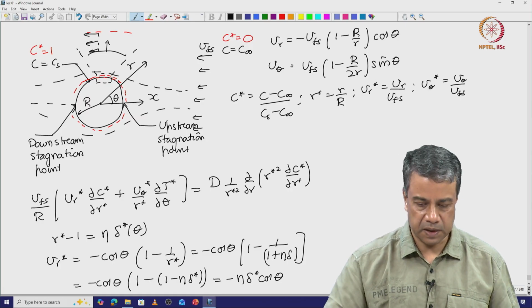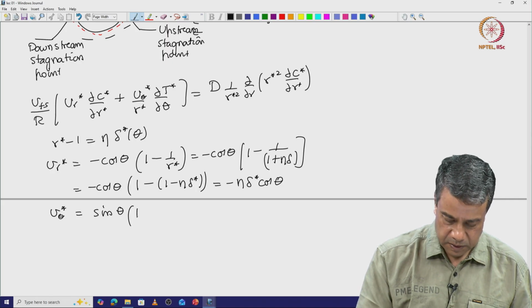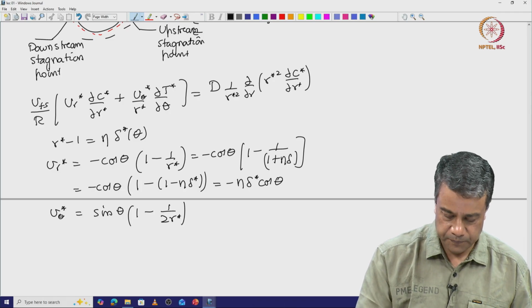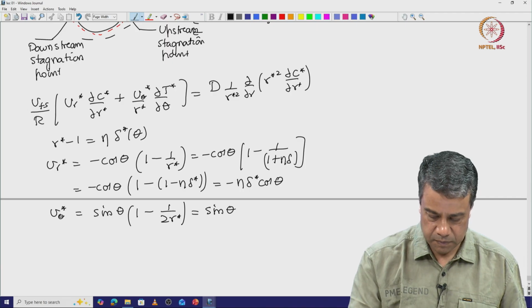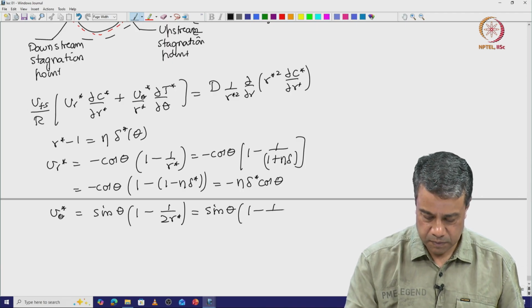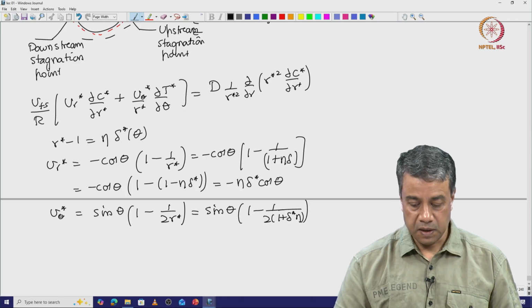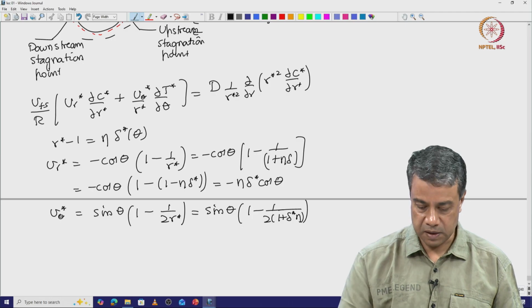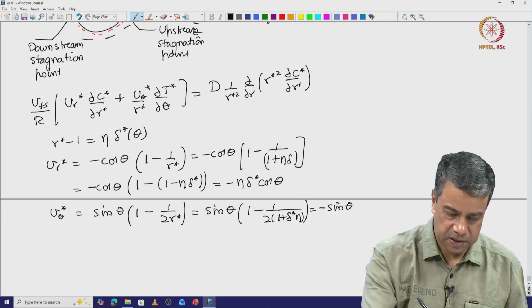So, it should be r by r and r by 2r. 1 minus 1 by 2 r star. In this case, when delta is equal to 0, the largest term is actually order 1. So, this is equal to minus sin theta, sorry, plus sin theta by 2.